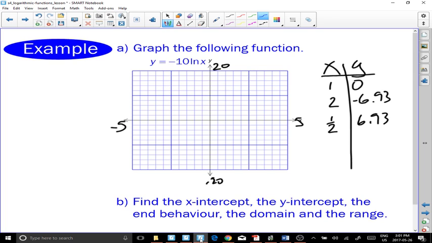That's 2.5. That would be 1 here. At 2 and -6.93, that would be about there, and about a half, and positive 6.93 would be about there. So what that gives me is a pretty good idea of where I'm going.